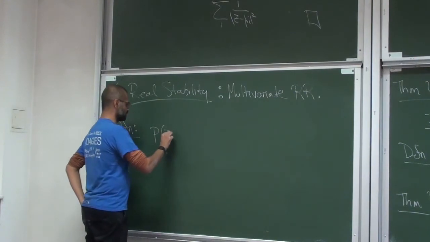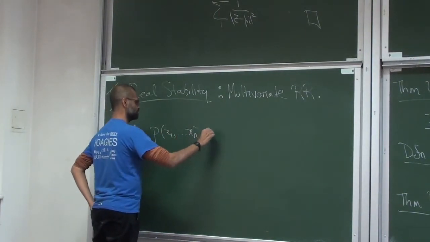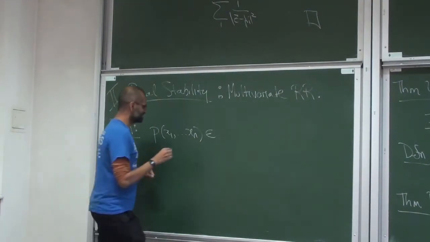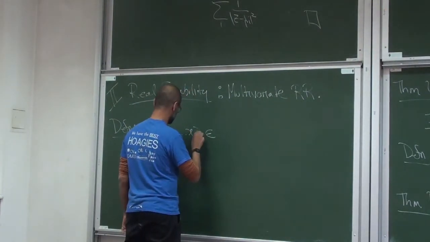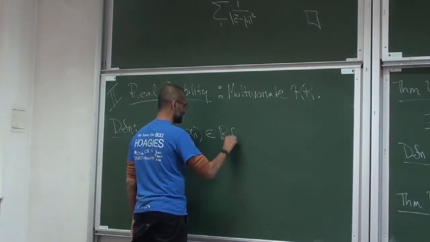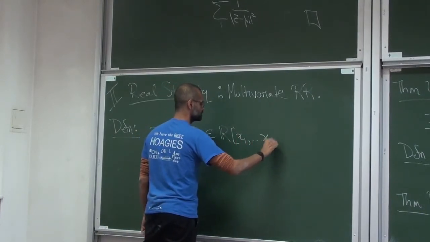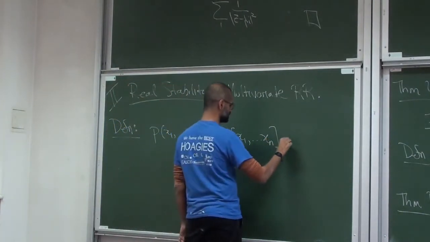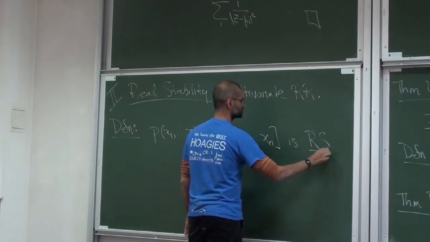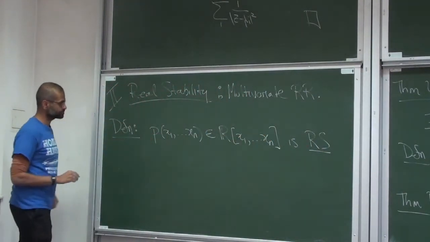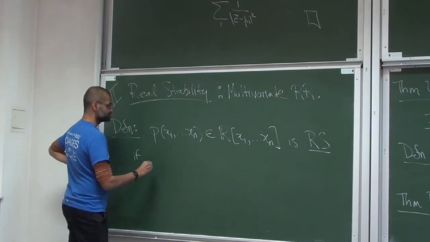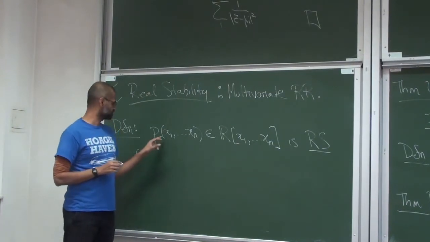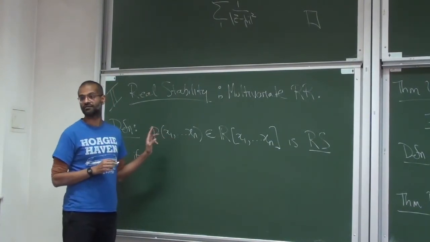So now I have a multivariate polynomial in n variables. Previously n was a degree, now n is the number of variables. It's going to only have real coefficients. So a real polynomial in n variables is real stable, and I'm going to use RS to mean real stable, if it has no zeros with all coordinates in the upper half of the complex plane.